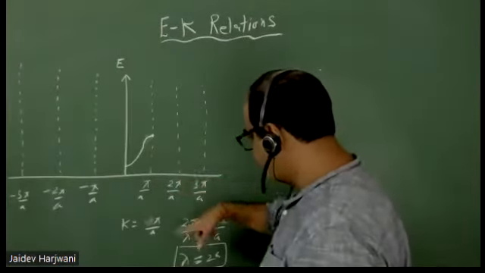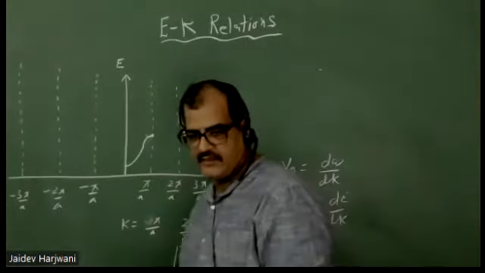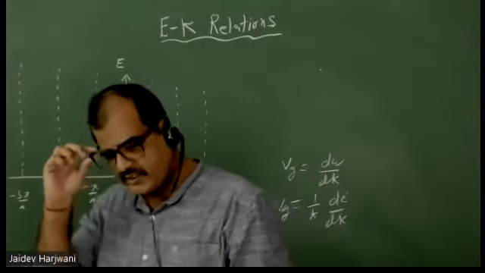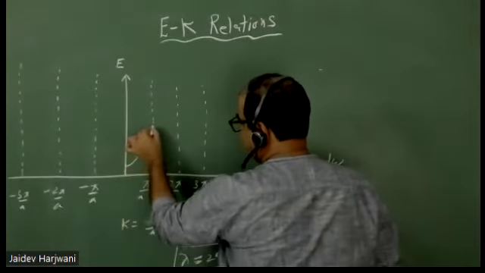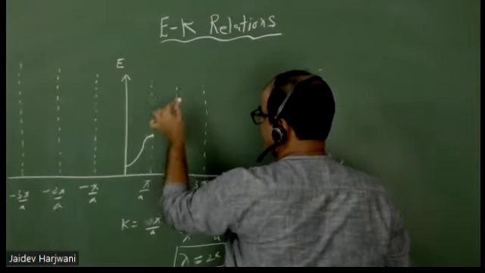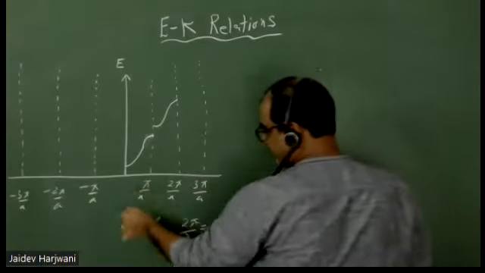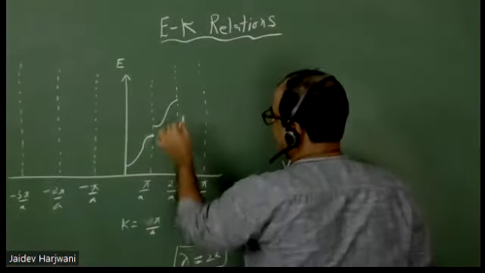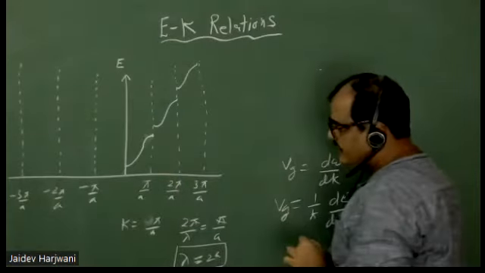So in physics terms, if you ask why there is a band gap in the system, it is because of these diffraction conditions. This is my first thing, and second, again there will be a gap, and then it will start again, and this becomes like this. Similarly there are discontinuities at k equal to n pi by a, pi by a, 2 pi by a, 3 pi by a. So we'll get this kind of graph.